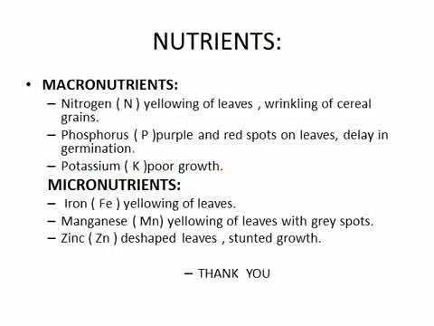If you take the macronutrients, we have three: nitrogen N, phosphorus P, potassium K. In short, it is called NPK. If the plant is deficient in these macronutrients, the following symptoms can occur. With nitrogen deficiency, the symptoms are yellowing of leaves and wrinkling of cereal grains.